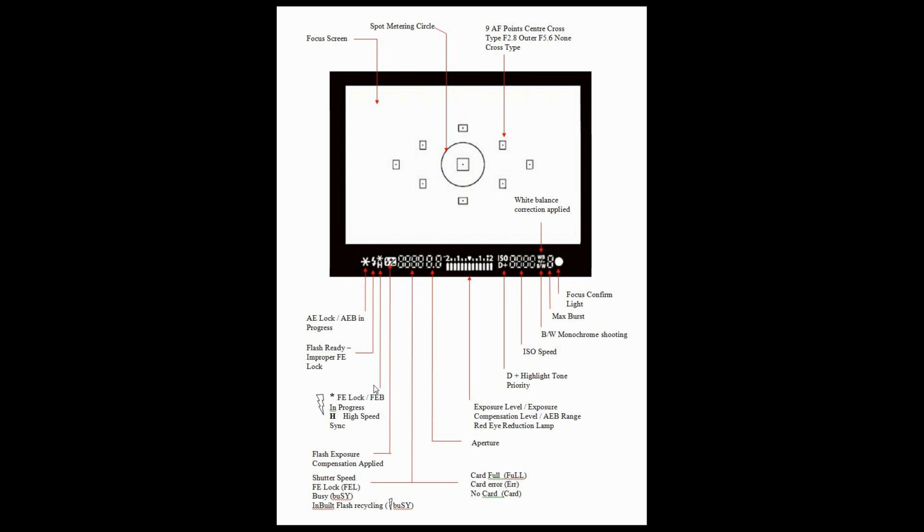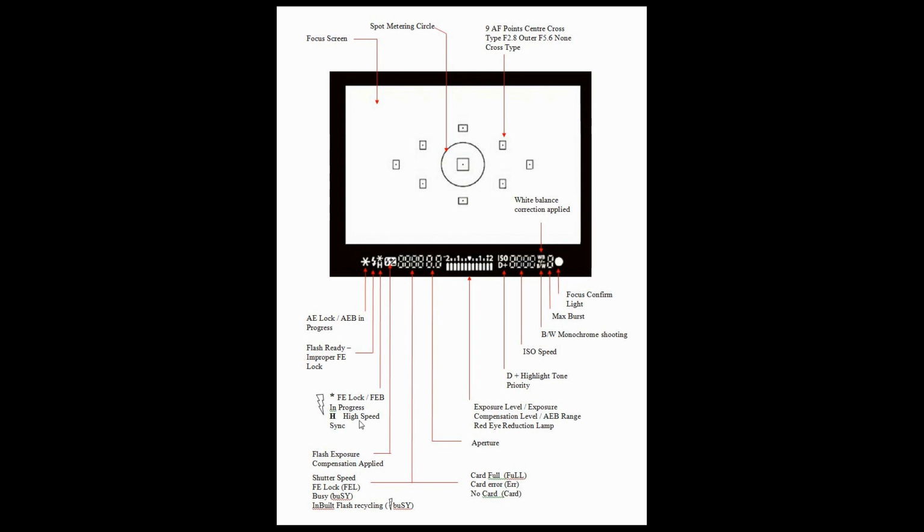Okay, next we have, again, to do with the flash. The star here is the FE lock or flash exposure bracketing, because you can bracket the flash. So you've got the flash symbol and the star. That tells you that you've got flash exposure lock enabled.